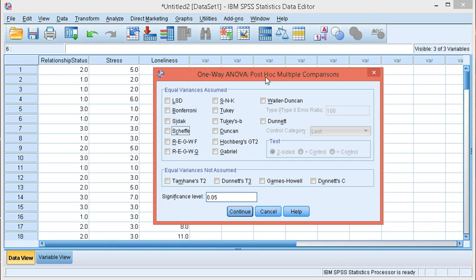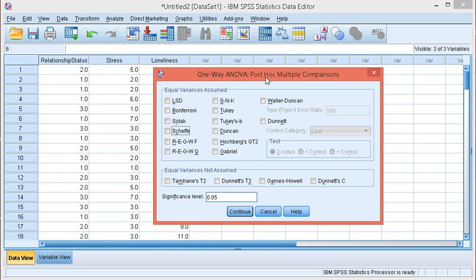Now, ANOVA will tell us whether or not the variance among these means is greater than what we would expect by chance, or our error term, but it does not tell us where the actual difference is.